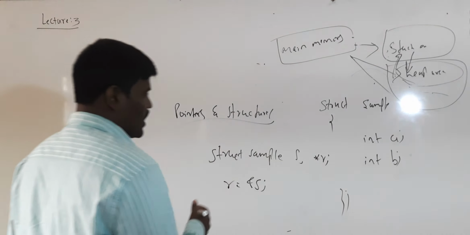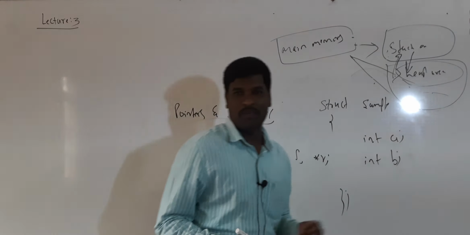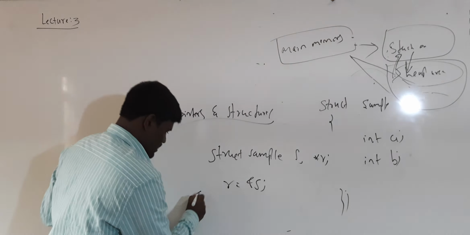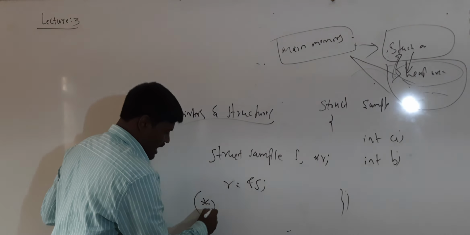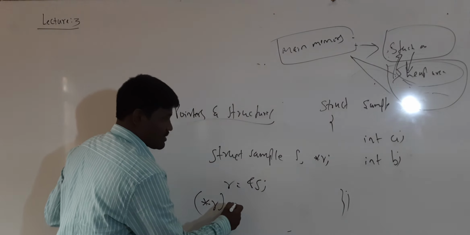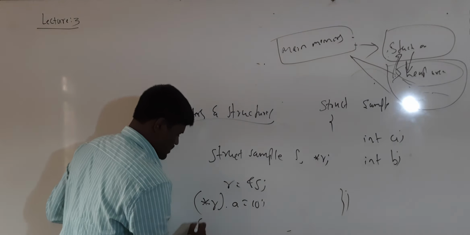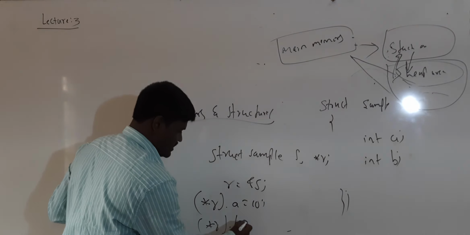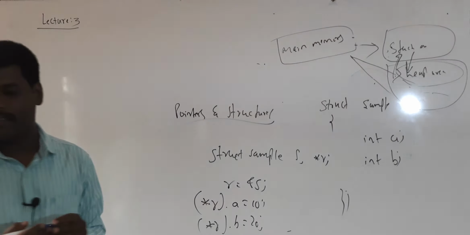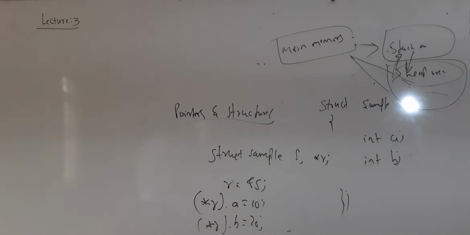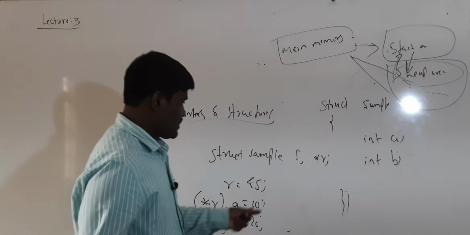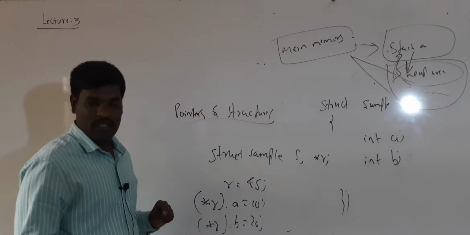And how to assign the values to a and b? It consists of (*r).a = 10, (*r).b = 20. See here, R is the pointer variable.